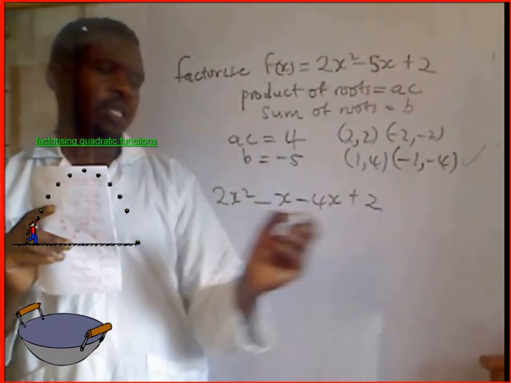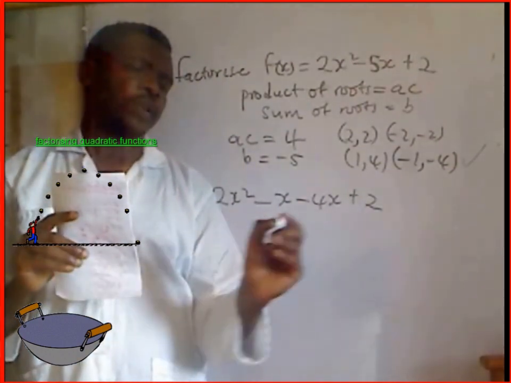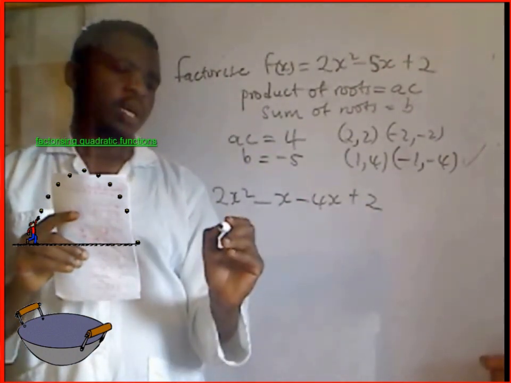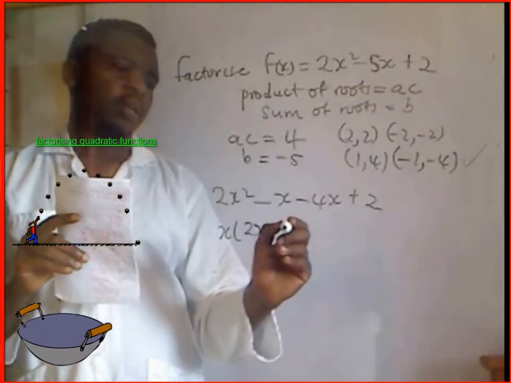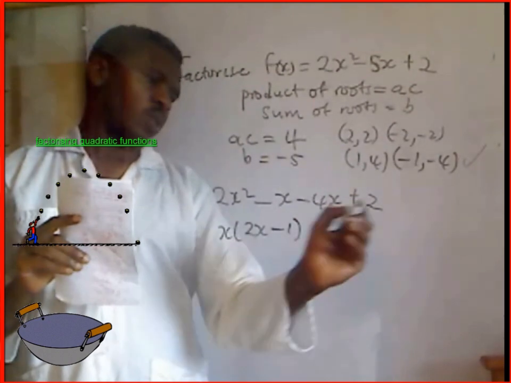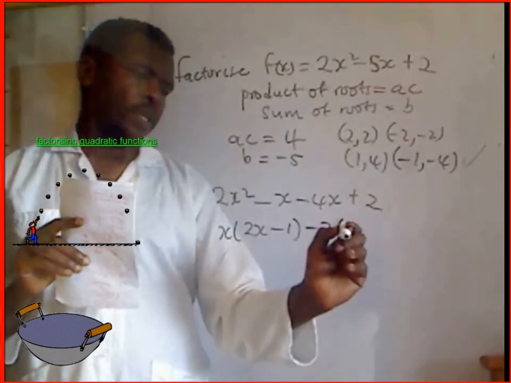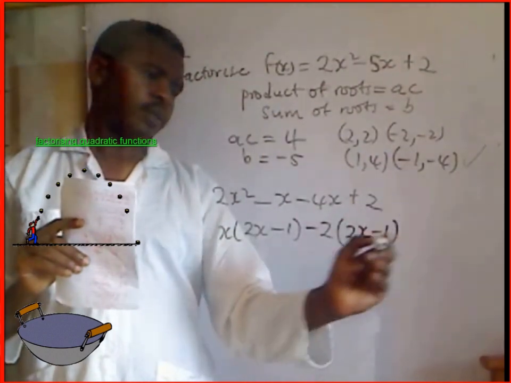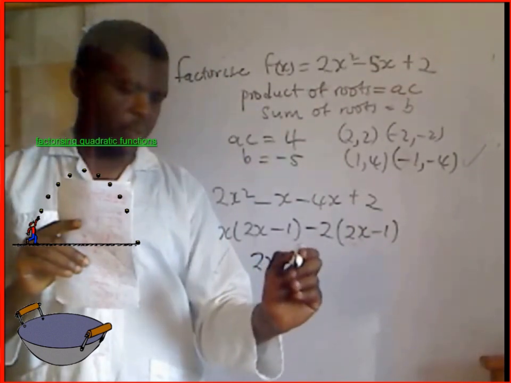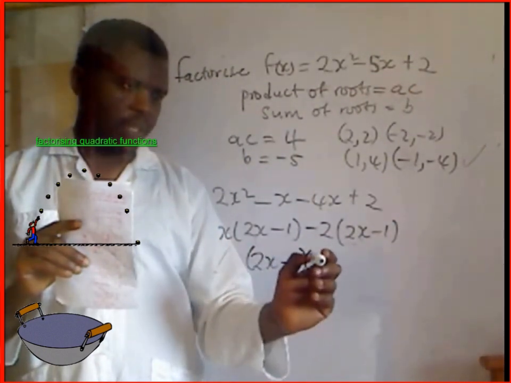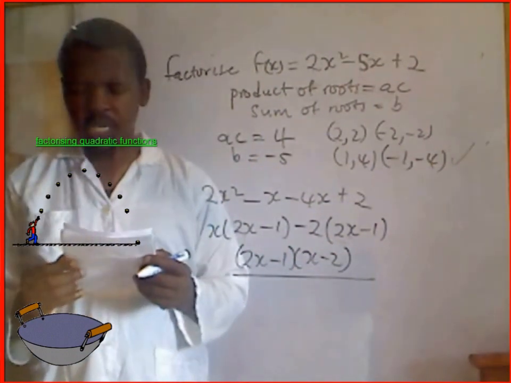I've changed it to have 4 terms so that I can factorize. I'll factorize the first 2 here. What is common? x is common. I have 2x minus 1. Here, what is common? Minus 2 is common. I'll have 2x minus 1. This factor is repeating. I write it once. 2x minus 1 factor of x minus 2. That expression has been factorized.